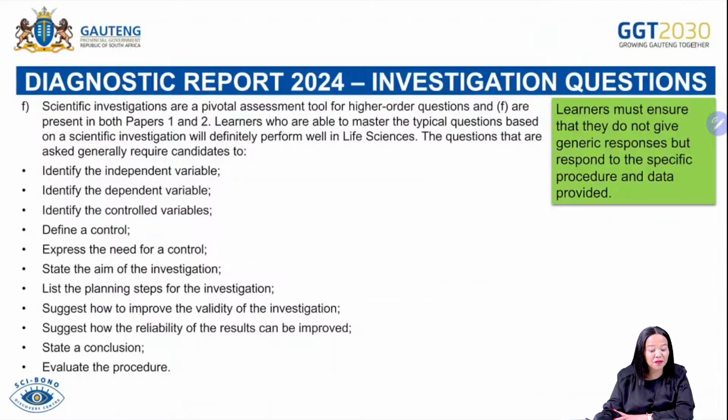And the dependent variable is the variable that is influenced by what? By the independent variable. And remember learners, when it comes to the identification of the independent variable and the dependent variable, you are always going to get these two variables from the stem of the question or from the aim of the investigation.